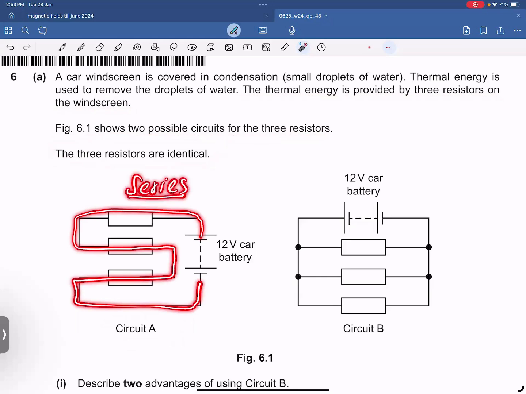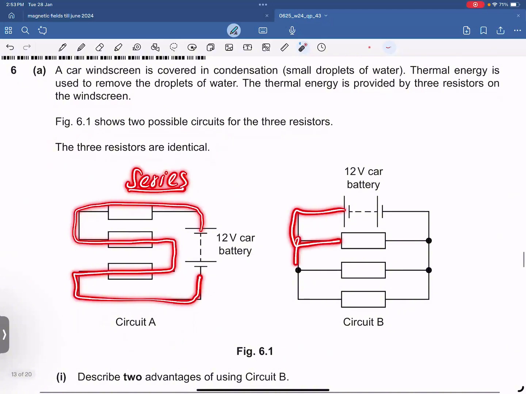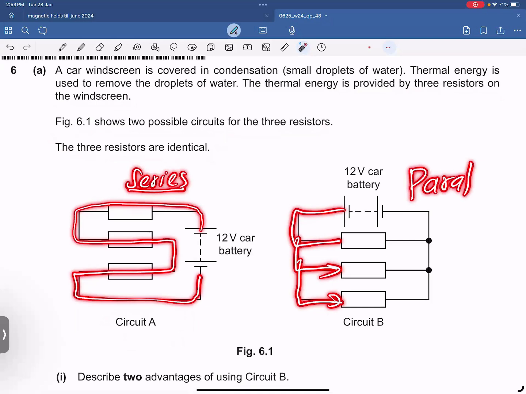Note it down. This one has branches, so this one is parallel. So first of all, keep in mind, circuit A is series, circuit B is parallel. Series means if one resistor fails, the others will stop working. Parallel means if one fails, the others keep working.